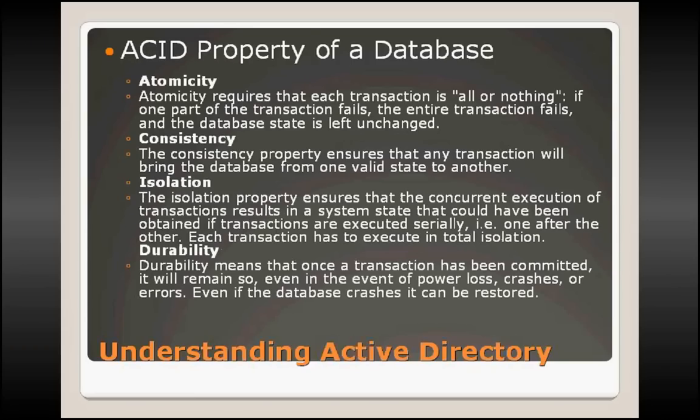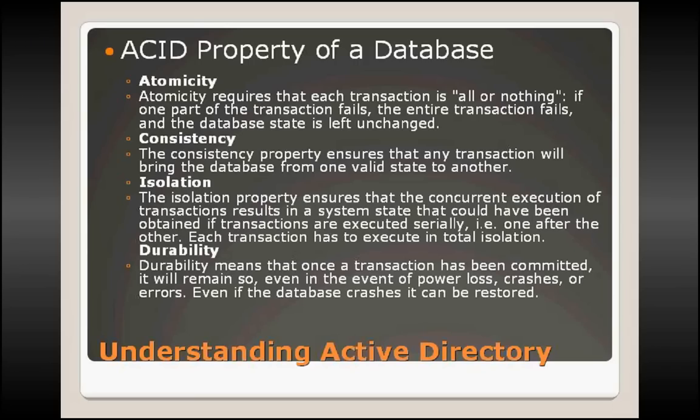And if you say atomicity, what is an atom? In chemistry, an atom is something that cannot be changed. It's something which gives an identity to a chemical compound or whatever it is.